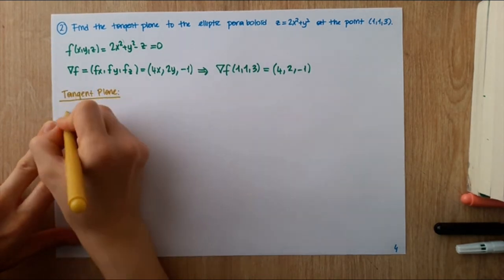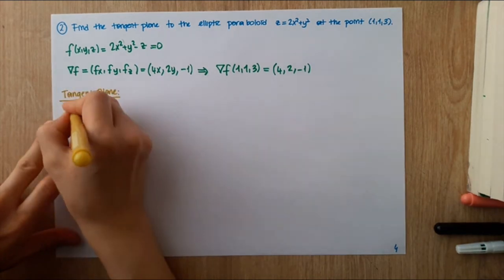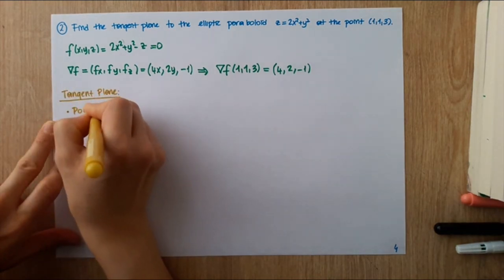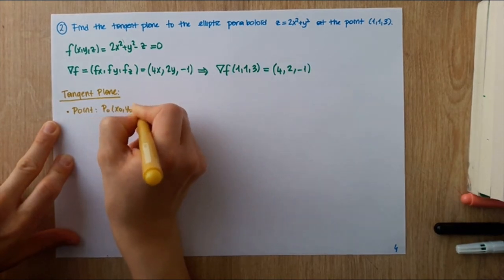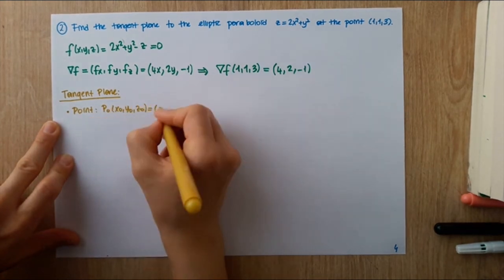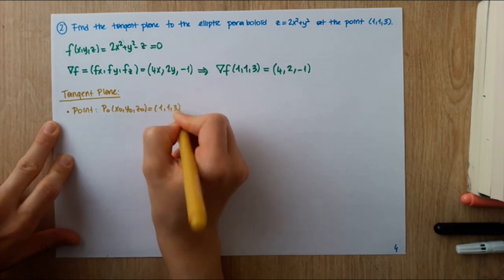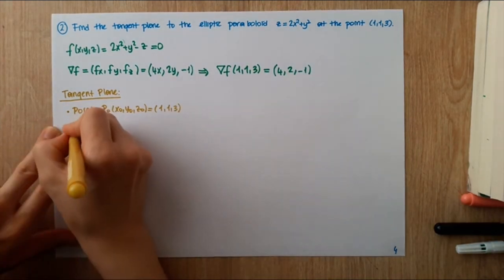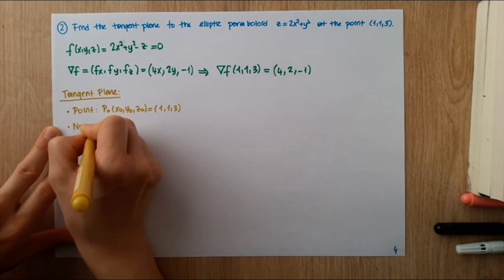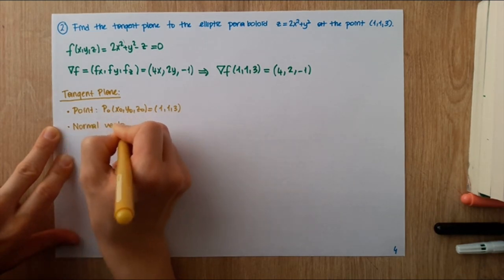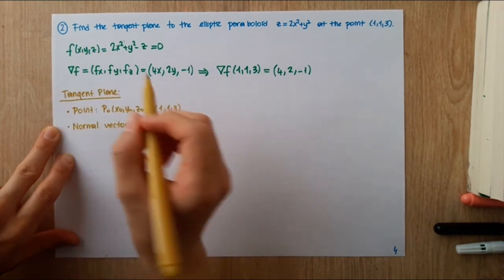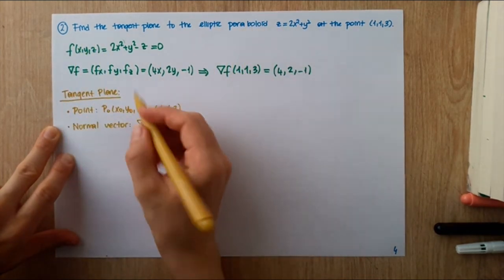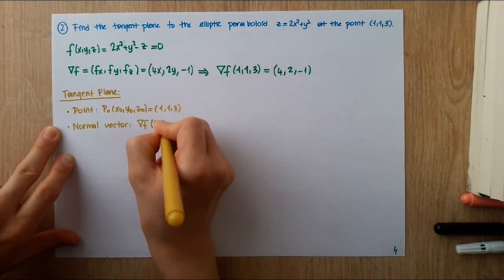Again, as I said, to obtain the equation of a plane, you need a point, and it is given in the problem: P0, x0, y0, z0 equals 1, 1, 3. And you need a normal vector, and the normal vector will be the gradient vector of this function. The function defines the given surface at the given point.